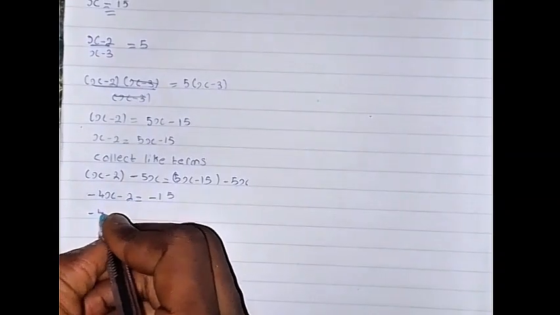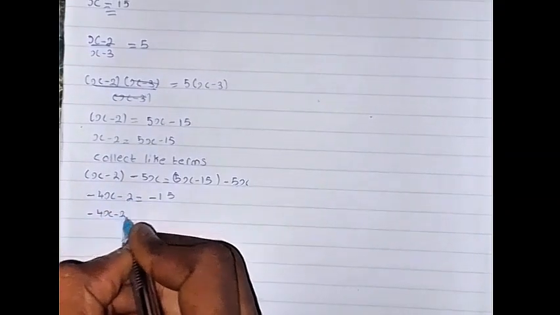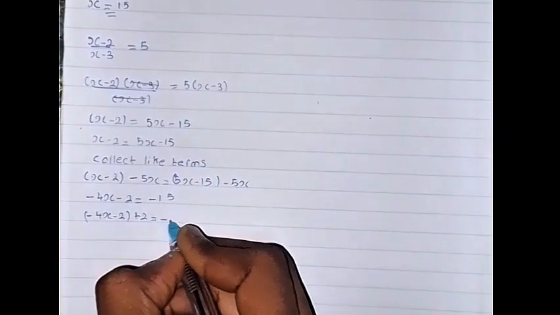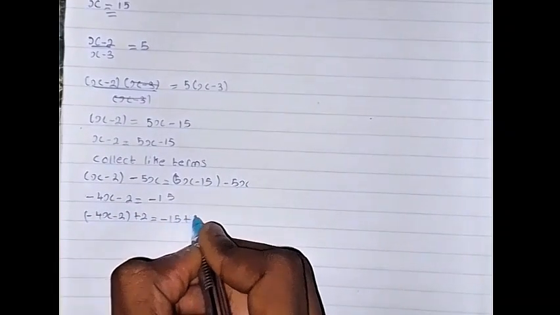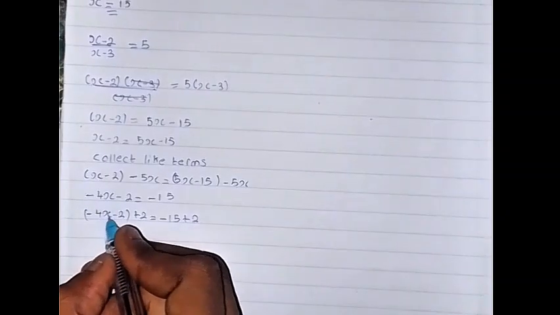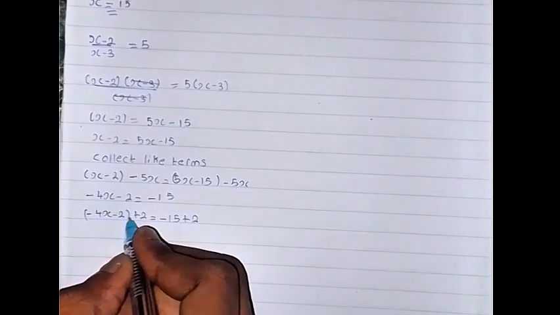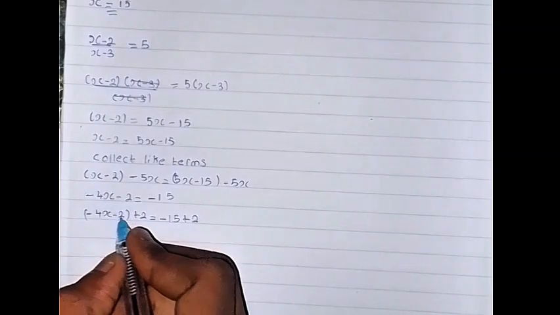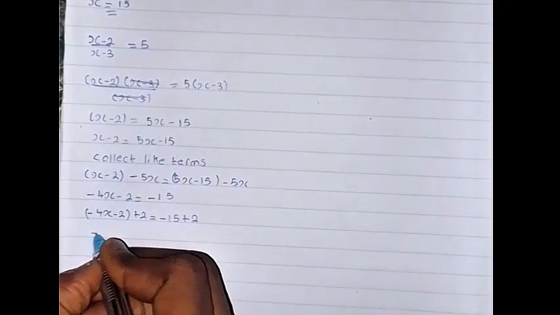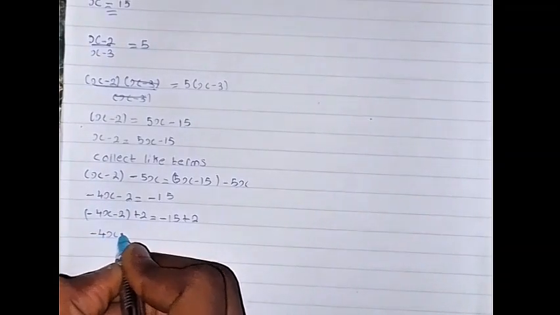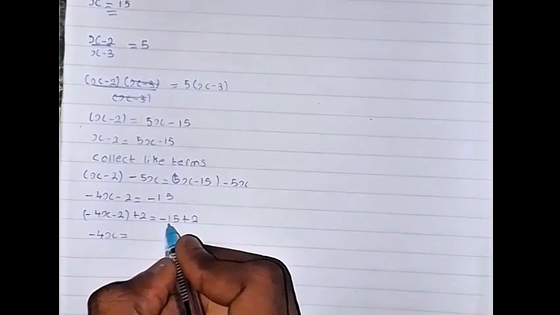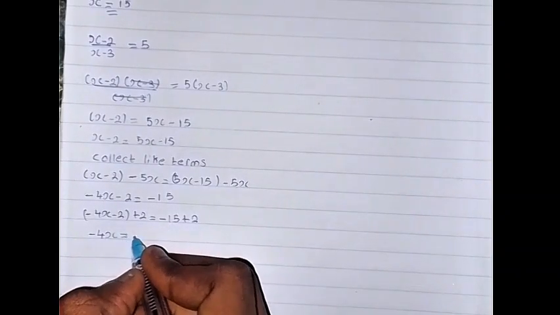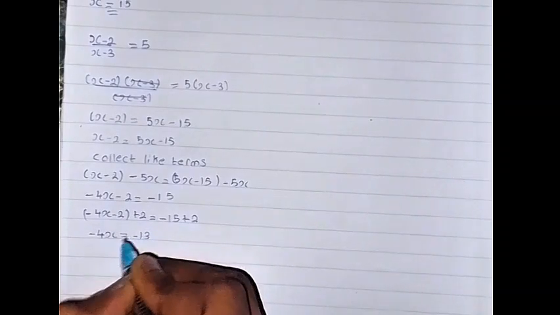So we have minus 4x minus 2 plus 2 is equal to minus 15 plus 2. Minus 2 plus 2 is the same as 2 minus 2. So that's equivalent to 0. So what we have left is minus 4x, which will be equal to minus 15 plus 2, which is going to give us minus 13.